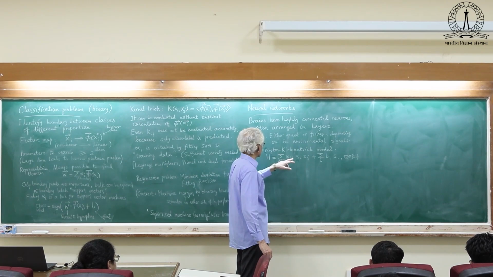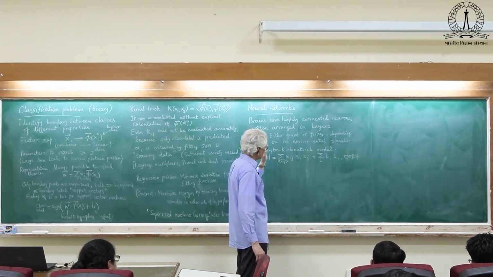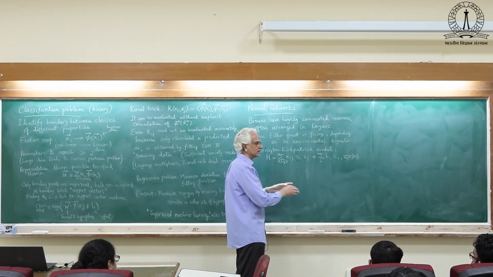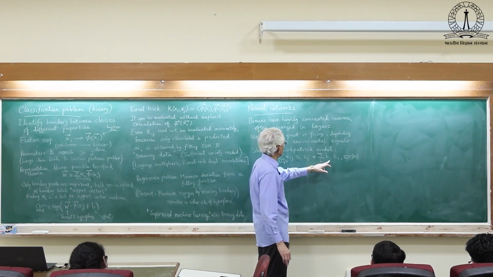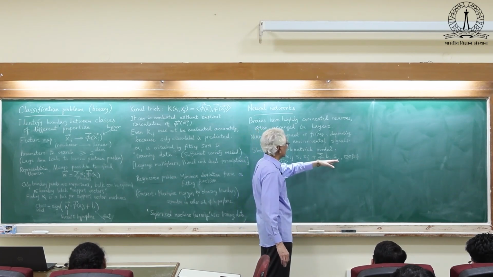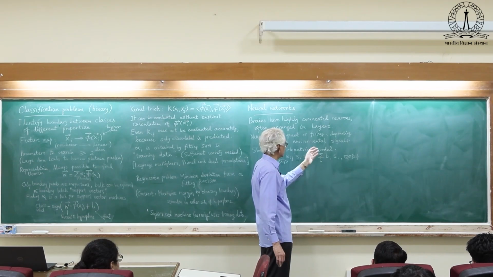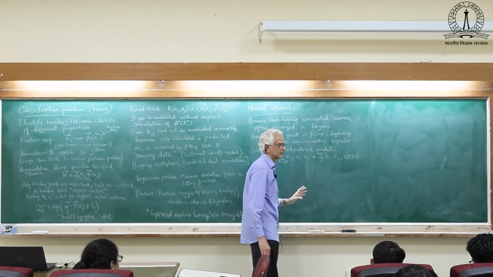So, the sum is over i and j, which are all neighbors, and alpha_ij is the strength of that particular connection. And this one is like a background field. In case of spins, you can call it a magnetic field.